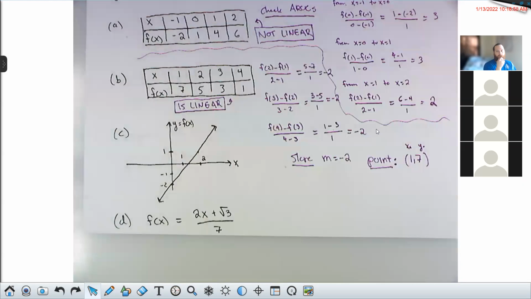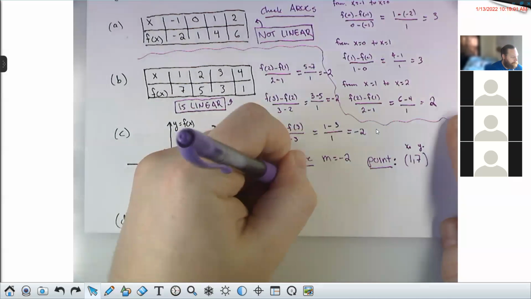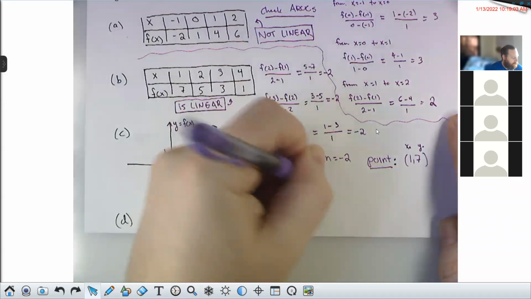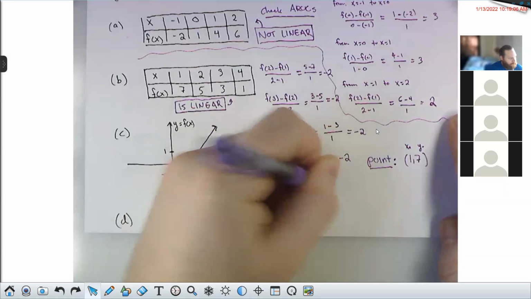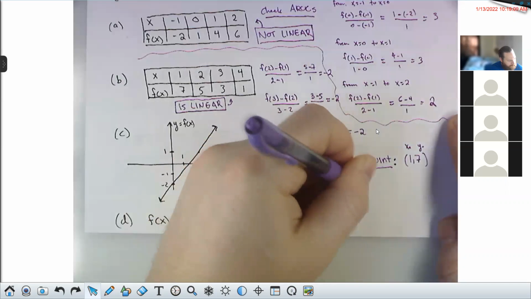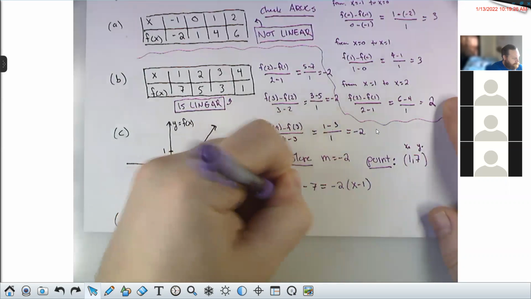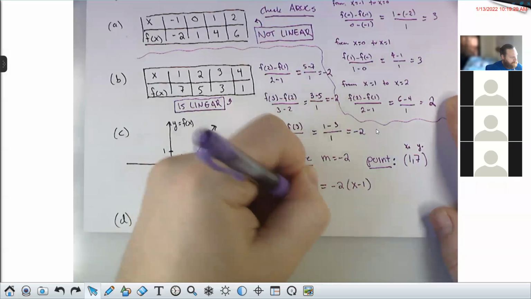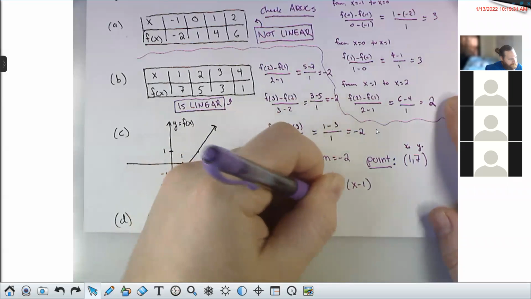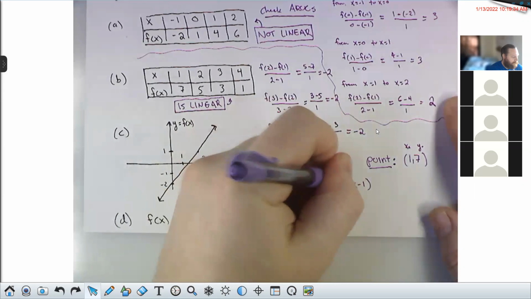So now by my point-slope formula, y minus 7 is equal to negative 2 times x minus 1. You could just give me this as your answer if I just said, give me the equation. But we did ask to put it in y equals mx plus b, so let's do that. This is the same as y minus 7 equals, we're just going to distribute this negative 2.